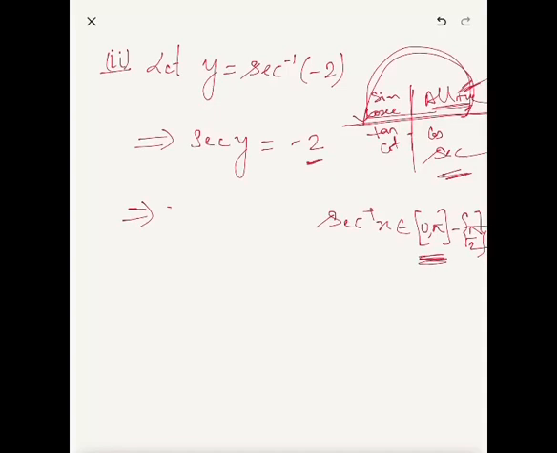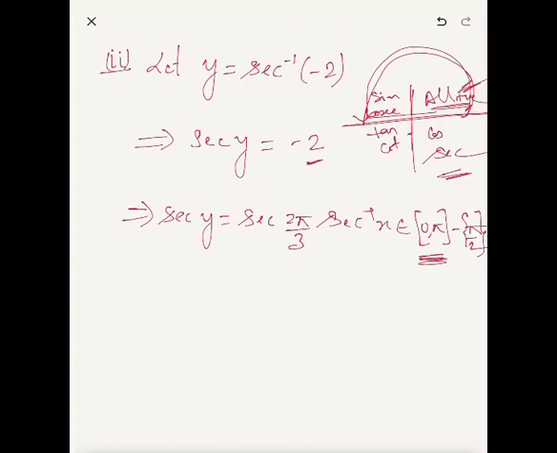So what value you will get here? Sec y is equal to sec 2 pi by 3, isn't it? 120. What is cos 120? Minus half, isn't it? So sec 120 will be minus 2. Sec and cos are reciprocal of each other, okay?